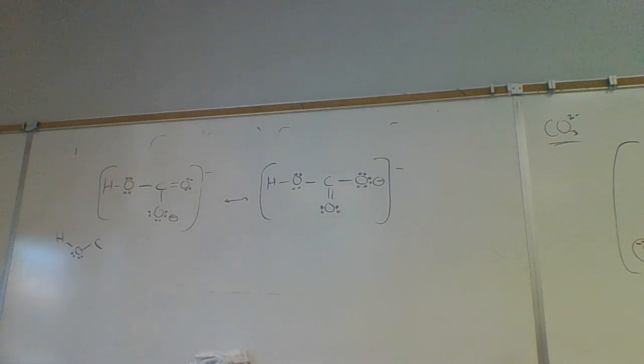Otherwise, we don't know what's a unique structure. If we move the atoms, that's like rotating the molecule or ion in space. We don't do that. So how many resonance forms are there for bicarbonate? Only 2. Can you draw the hybrid for me?